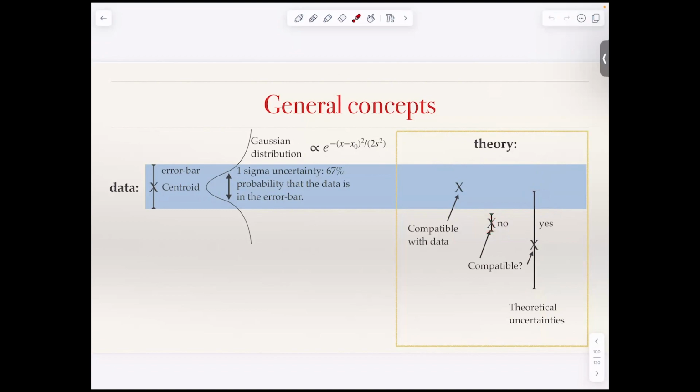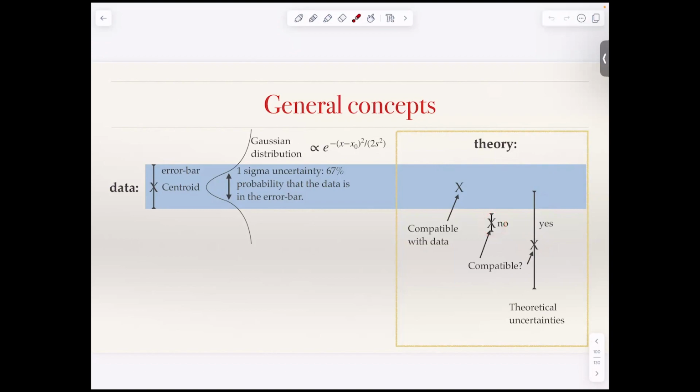And then you will come to a different conclusion. You will come to the conclusion that a fraction of this model can overlap with the experimental uncertainty, and therefore this model is compatible with the data at 1 sigma.